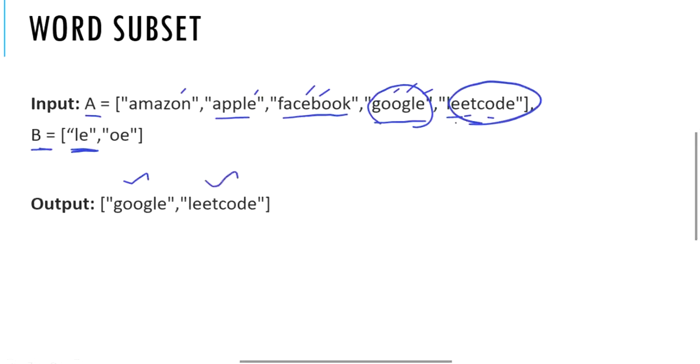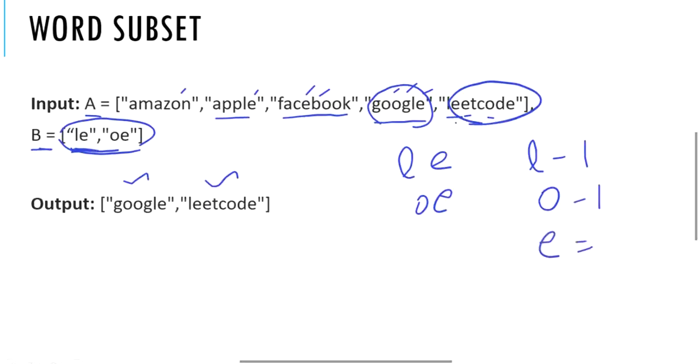So how are we going to approach this? The given condition is that all the characters in the given words in B should be present in the words in A. So if you consider the characters L, E and O, E, the total count of the character L is going to be 1, O is going to be 1 again, E is going to be 2.